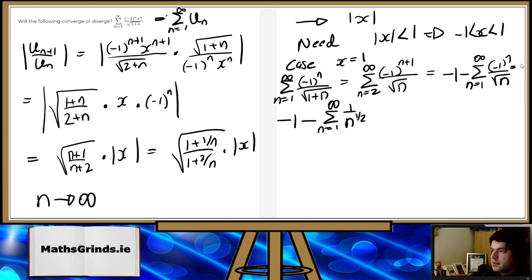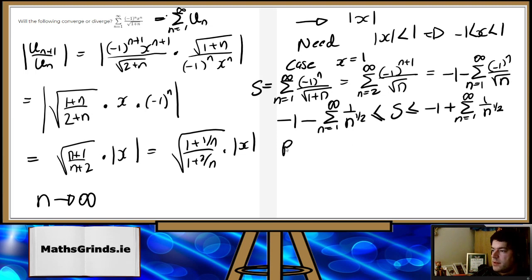I'll just call this S, just so I don't have to write it again. Then minus 1 plus the sum from 1 to infinity of 1 over n to the power of a half.